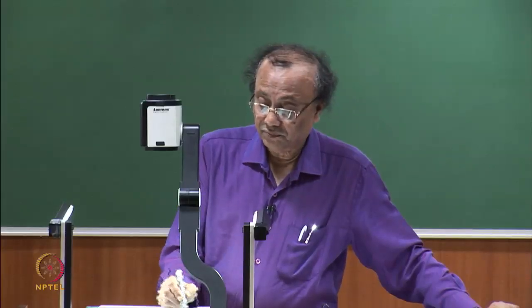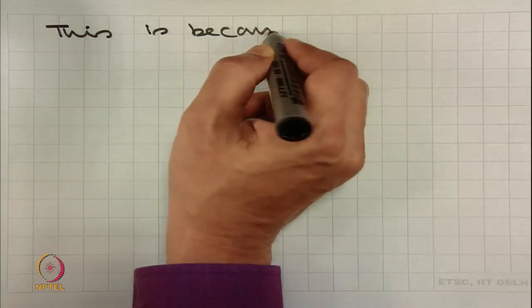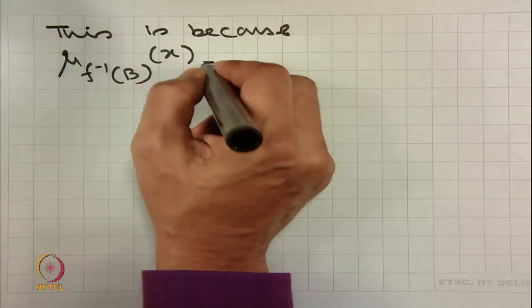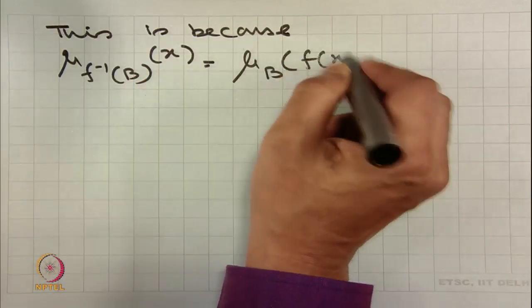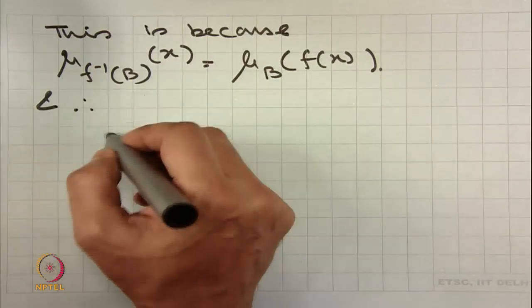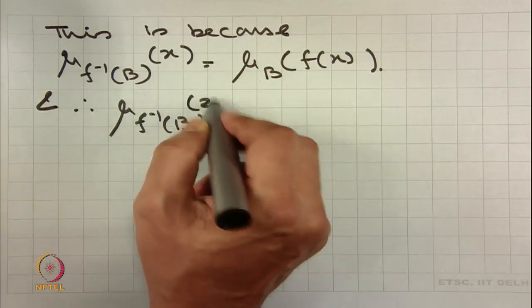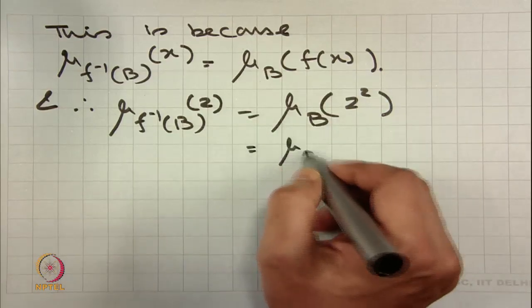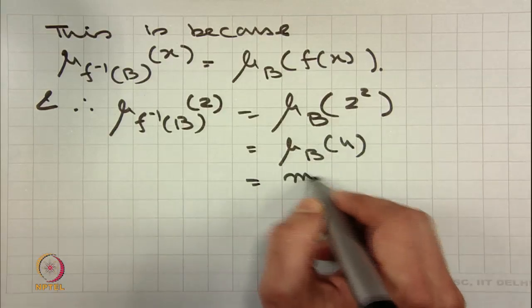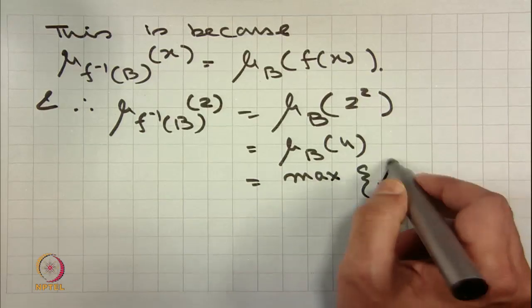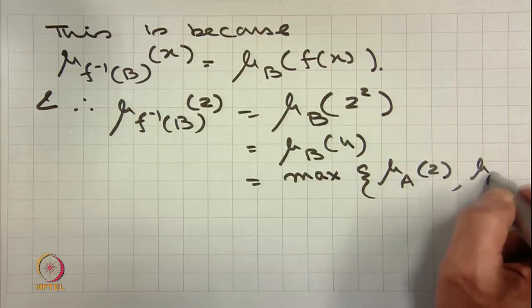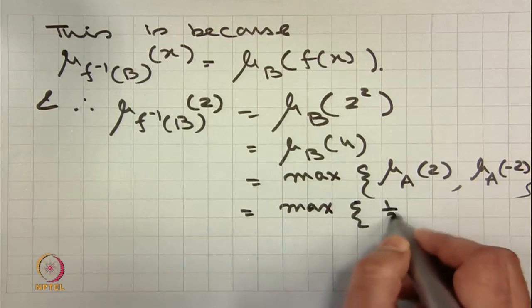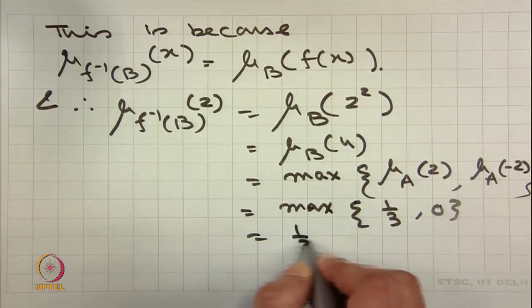This is because mu F inverse B of x is equal to mu B of f(x), and therefore, mu F inverse B of 2 is equal to mu B of 2 squared, which is equal to mu B of 4, which is equal to maximum of mu A of 2 and mu A of -2, which is equal to, as we have calculated, maximum of 1 by 3 comma 0, which is equal to 1/3.